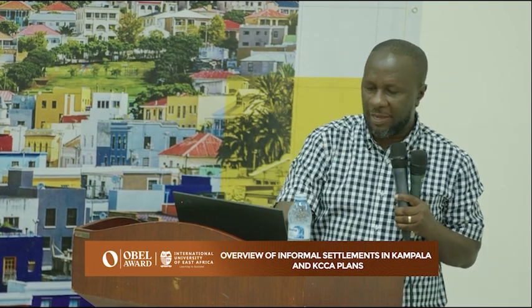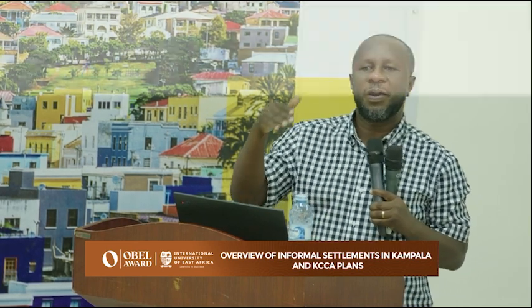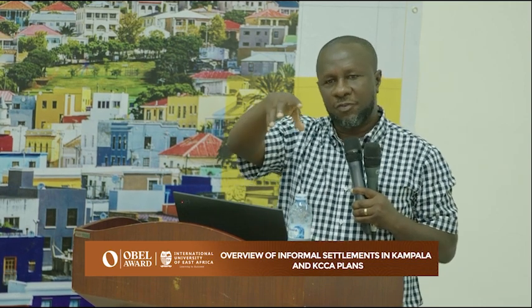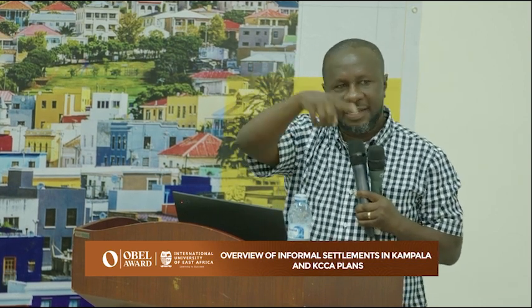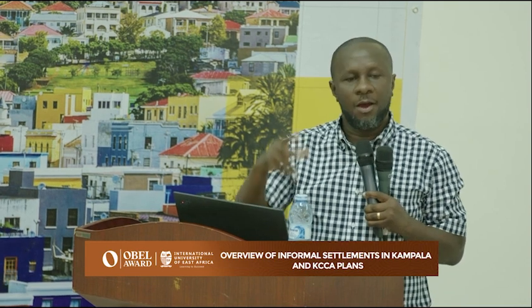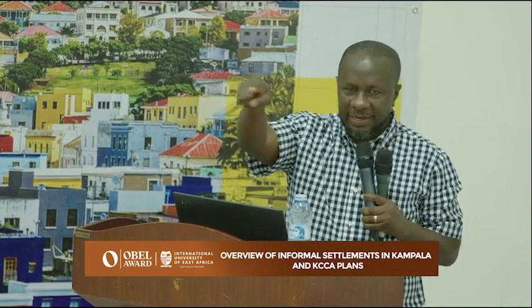In that project, we came up with 3 precinct plans, but the other 2 plans do not fall in informal settlements, so I'll not talk about them. I'll only talk about the knowledge precinct plan, which covers parts of Kawempe, Katanga, Makerere University, Chikoni. Apart from Makerere University as an institution, the area is surrounded by informal settlements. Now, we have decided to call that area a knowledge precinct.